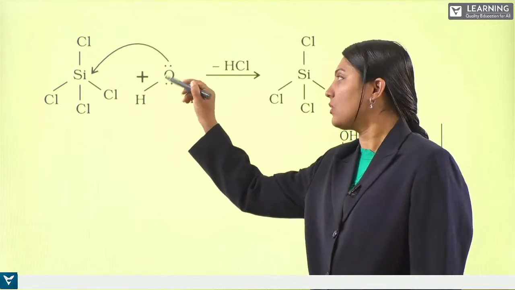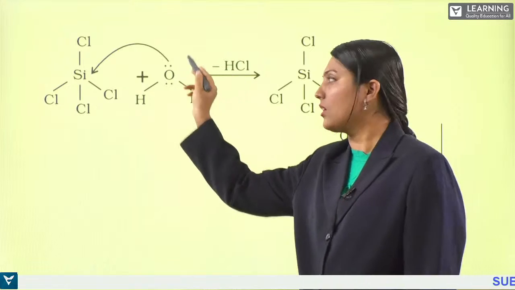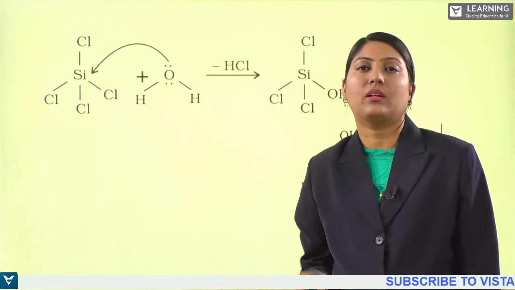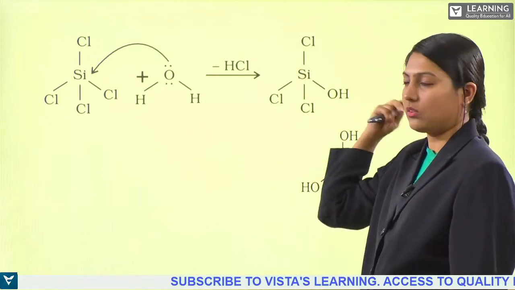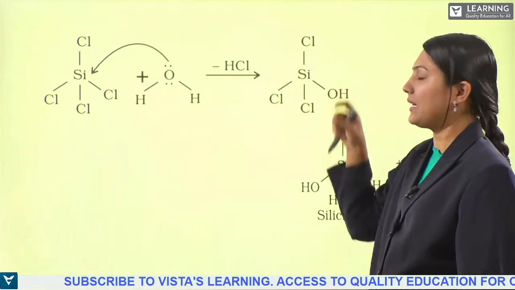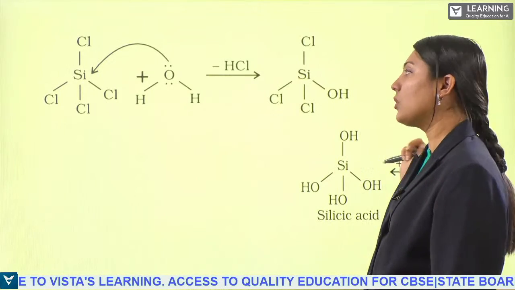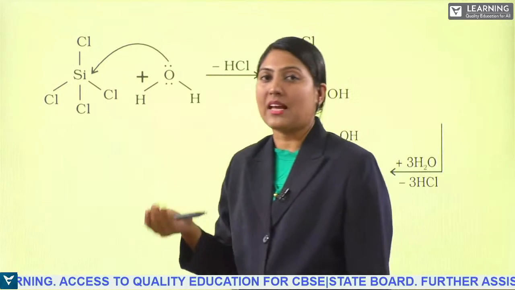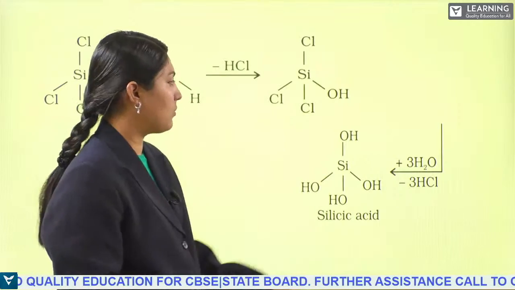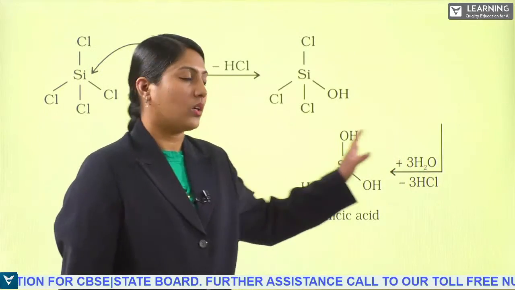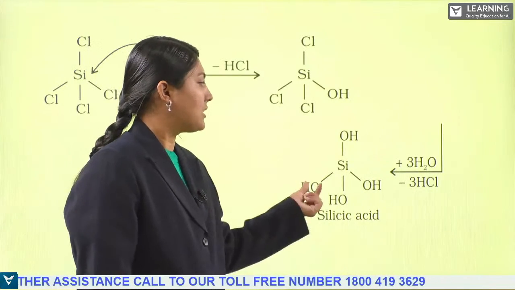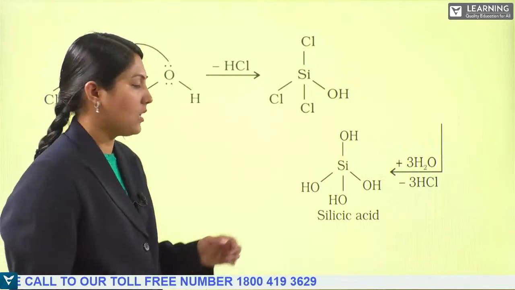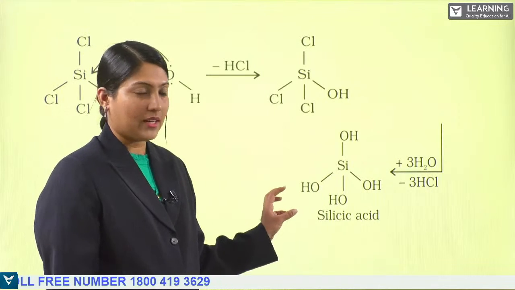When water is present, the lone pair of electrons present in the oxygen will be accepted by the d orbital of silicon, and hence the chlorine will be removed. So we get OH attached to the silicon and 1 chlorine atom is removed. Likewise, addition of 3 more water molecules will lead to the removal of 3 chlorine atoms, displaced by hydroxyl groups.